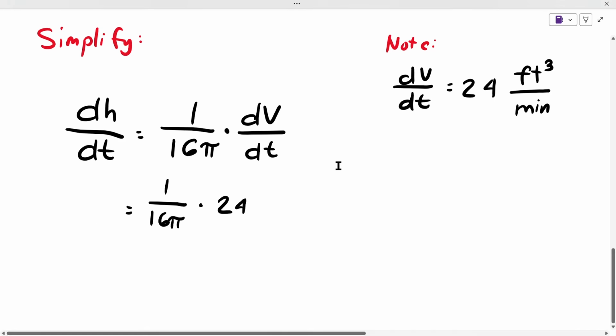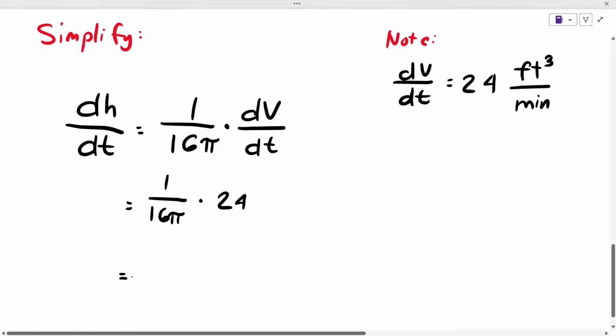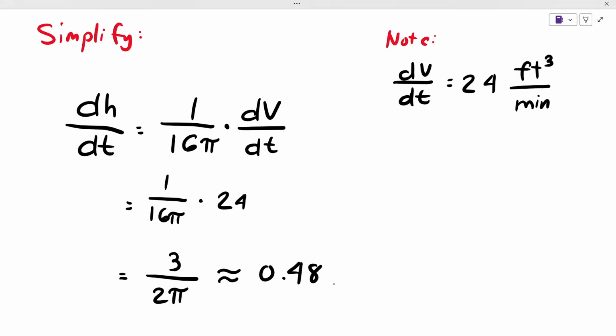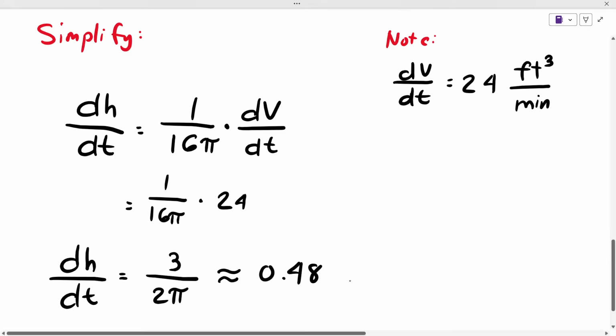This gives us 3 over 2 pi, which is approximately equal to 0.48 for dh over dt. What is the unit? dh over dt is distance over time, feet per minute.